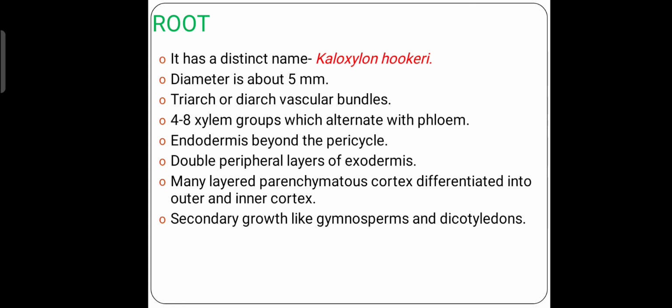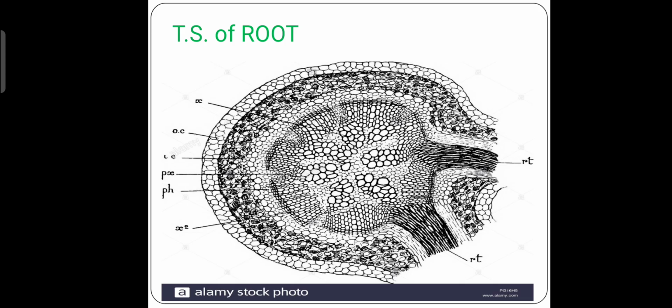Many layered parenchymatous cortex differentiated into outer and inner cortex is present in the root region, and secondary growth, like other gymnosperms and dicotyledons, can be seen in this case. This is the diagram of transverse section of root showing arrangement of vascular bundles, cortex, exodermis, endodermis, and position of primary and secondary xylem and phloem.